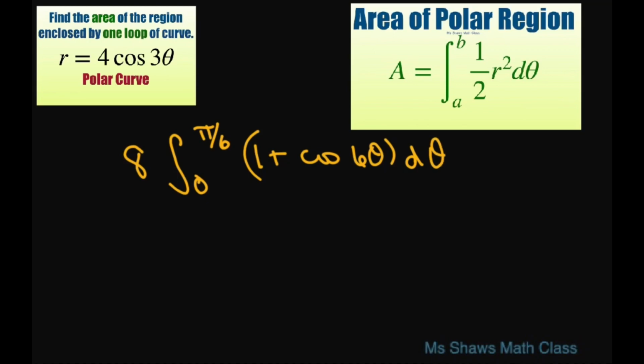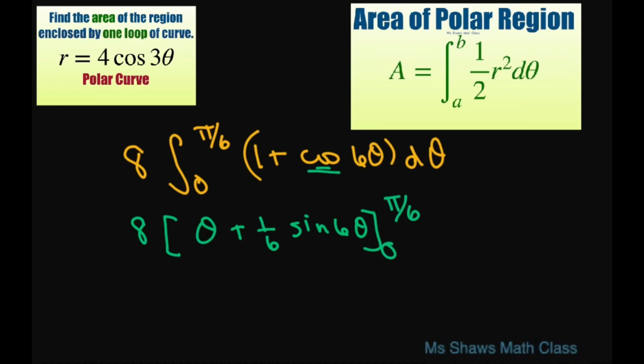This is going to give me 8. Let's integrate theta plus 1/6 sine of 6 theta, since the antiderivative of cosine is sine. And we're evaluating this from 0 to pi divided by 6. So what happens is you're going to get 8 times pi divided by 6 plus, if you plug in pi divided by 6 here, you get sine of pi is 0.